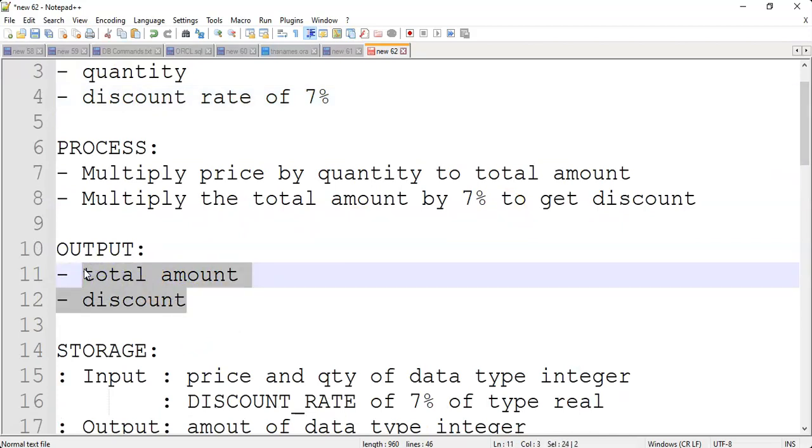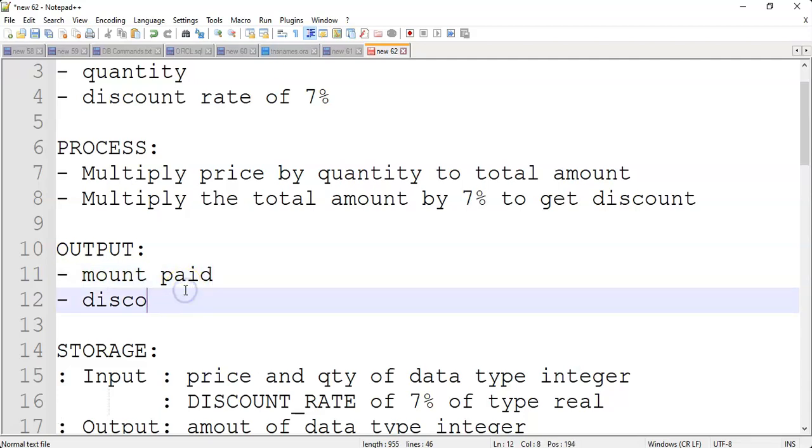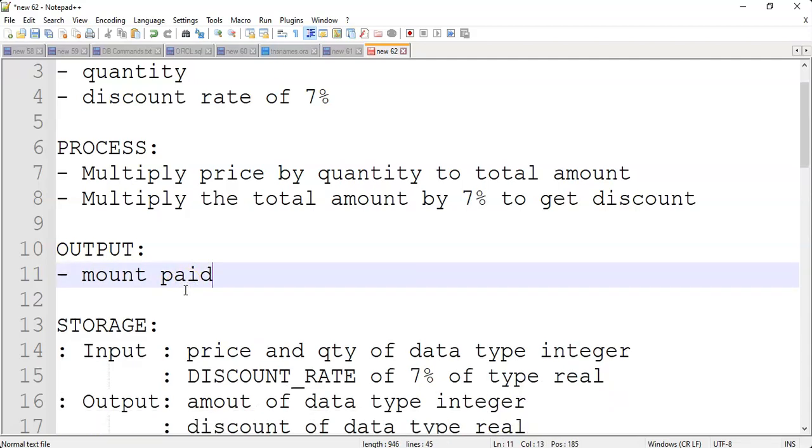We are only having one as an output. So our program is going to give an output of actual amount paid. So we can just call it amount, or we can call it amount paid, to signify that this is what we actually paid, not necessarily what we were charged.